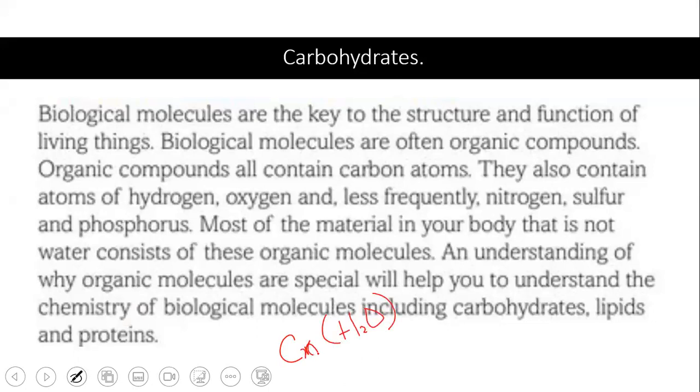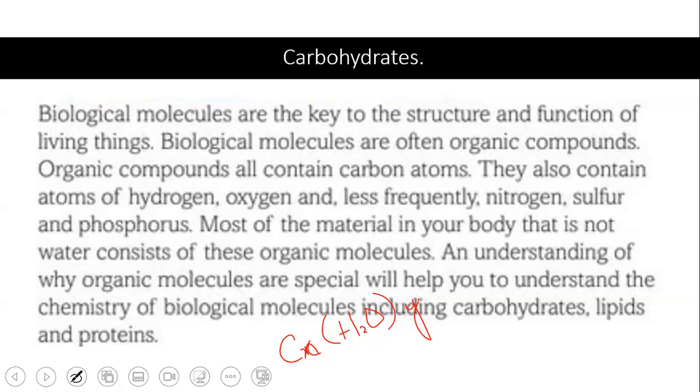This is Cx and this is H2Oy. This is the general formula that we have about carbohydrates. All carbohydrates follow this formula. And what are carbohydrates? They are organic compounds consisting of carbon, hydrogen, and oxygen.